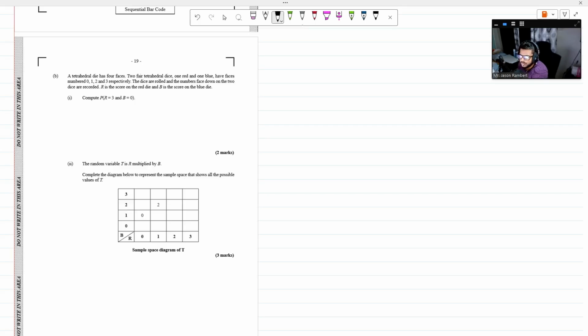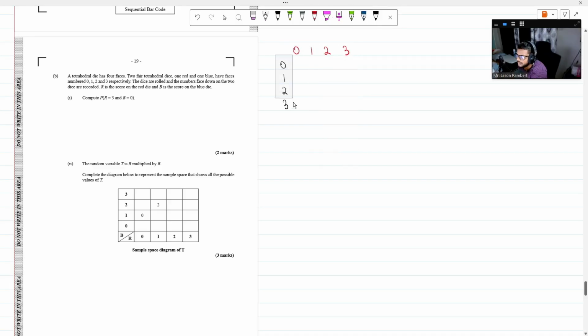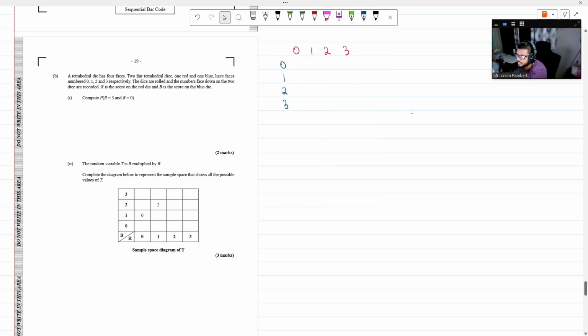So we're going to have outcomes 0, 1, 2, and 3. And the next set of outcomes going to be 0, 1, 2, and 3. So let me color code it, right? This is my red dice. This is my blue dice.